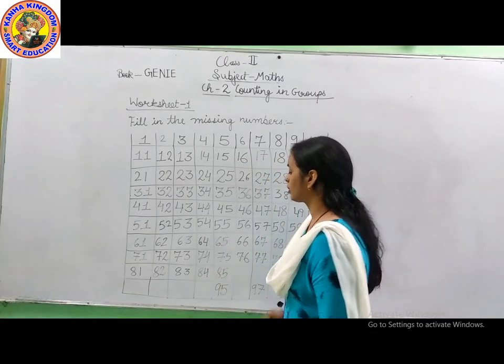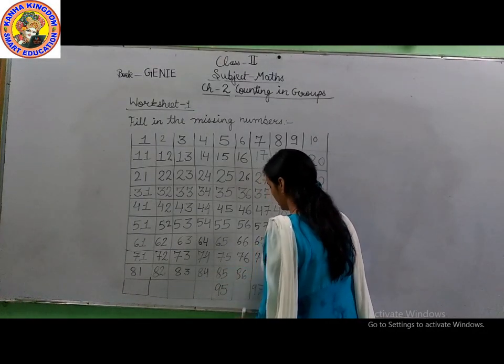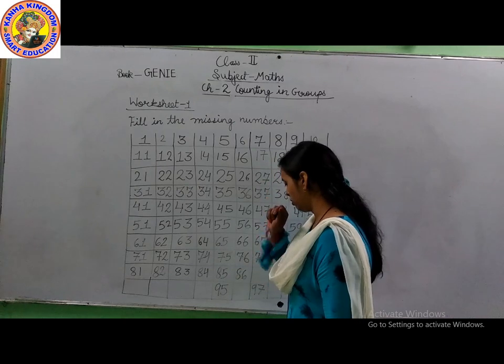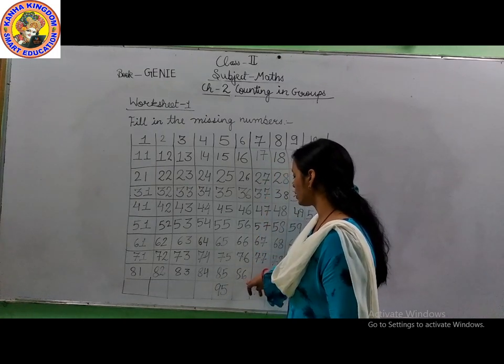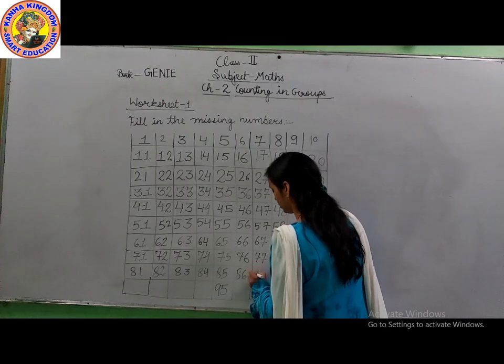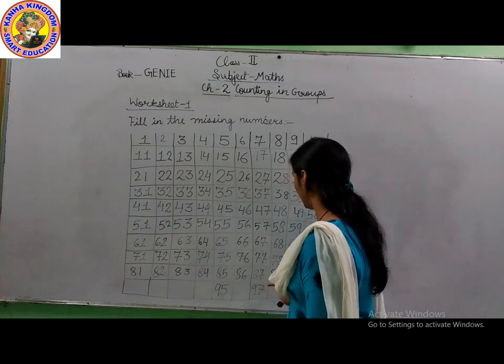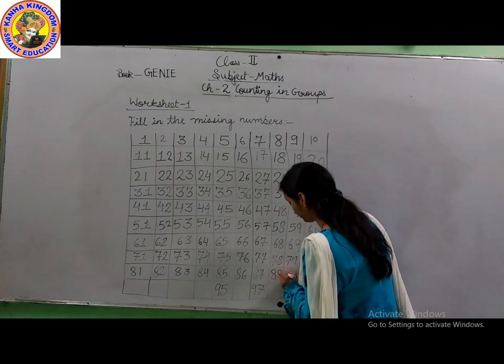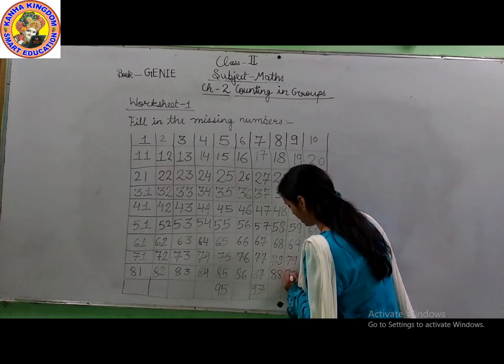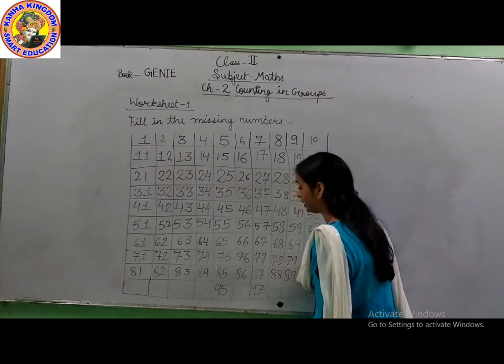Now, what comes after 85? 86. Now, what comes between 86 and 88? 87. Now, 88 after number is 89 and then 90.